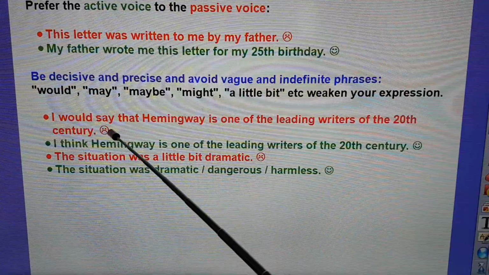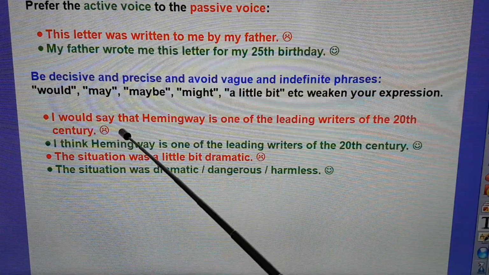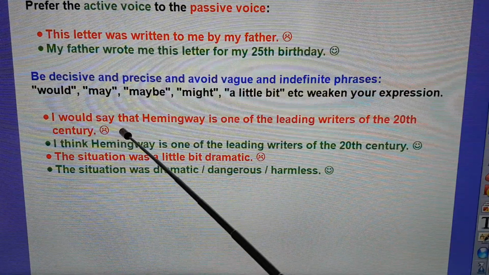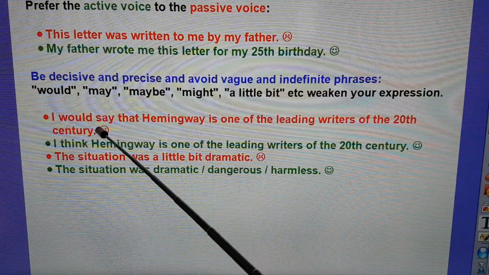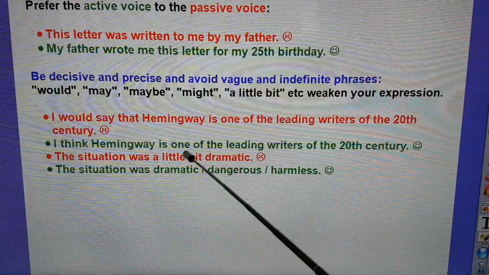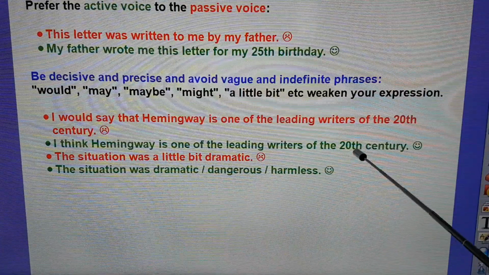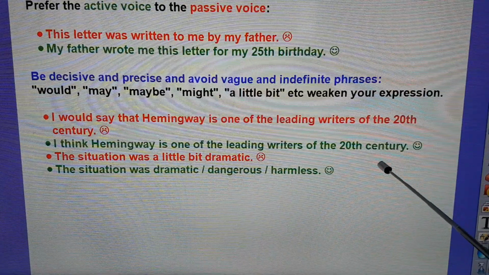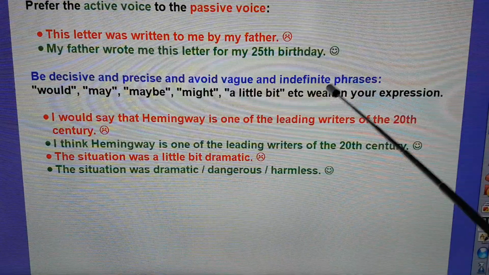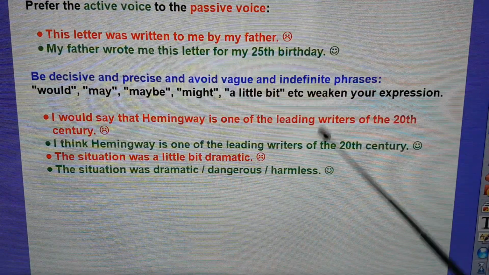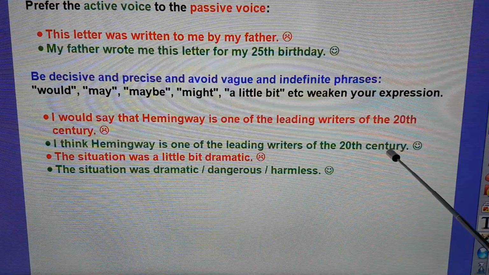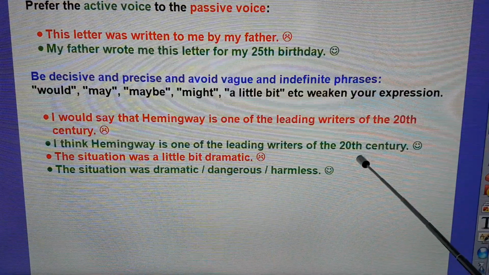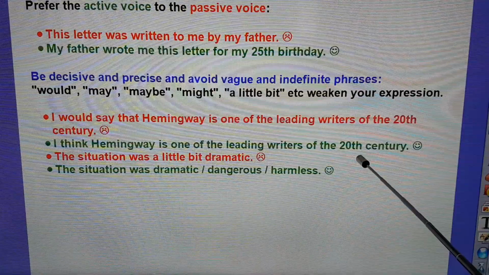I would say, well, okay, say under what conditions you would say that. Don't would. I think Hemingway is one of the leading writers of the 20th century. If you don't think so, don't say it. If you think Hemingway is one of the leading writers of the 20th century, no need to use would.